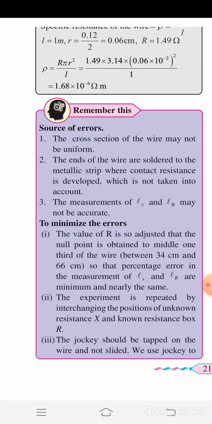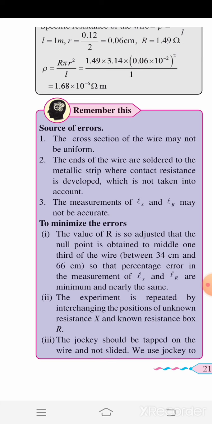The third error is that the measurement of Lx and Lr may not be accurate because the ends of the wire do not match the values 0 and 100 on the meter scale exactly.